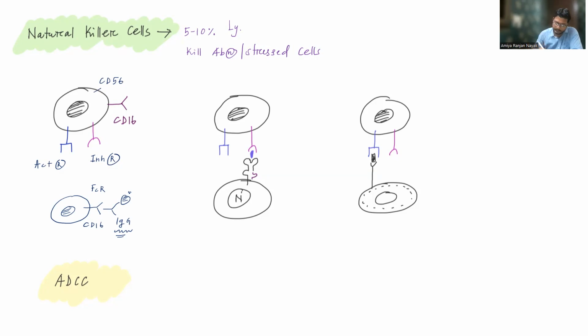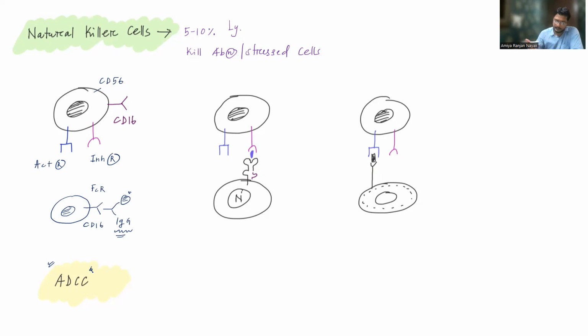Okay, and this process is known as antibody-dependent cellular cytotoxicity, because this cellular cytotoxicity is dependent on the antibody, that is immunoglobulin G. So NK cells have this property because they have the CD16 receptor, which is a Fc receptor for immunoglobulin G.